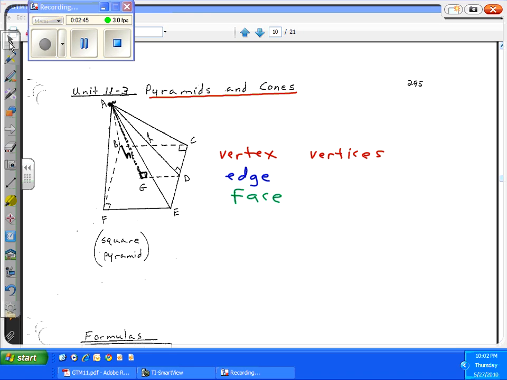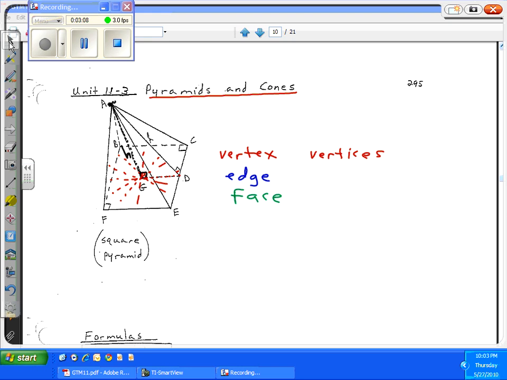And remember the little theorem, or the definition: if a line is perpendicular to a plane, then it's perpendicular to all the lines in the plane that pass through the point of intersection. So the height would be perpendicular to every one of those, okay?